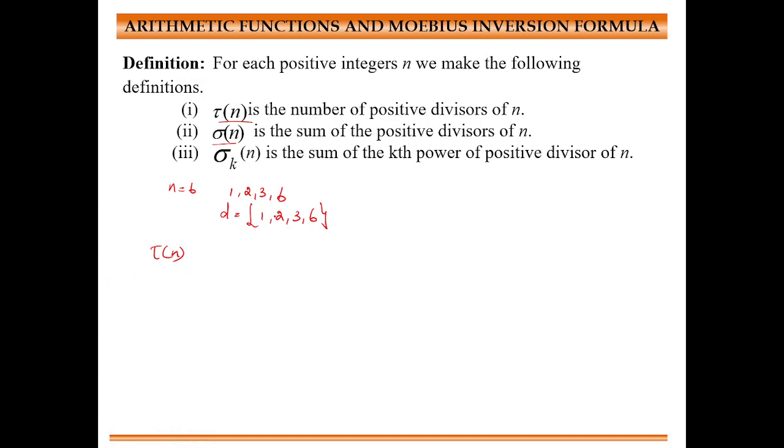Therefore, there are 4 positive integers in the set D. Therefore, tau of 6 is equal to 4. Sigma n is nothing but the sum of the positive divisors of n. So we have to add these divisors, that is 1 plus 2 plus 3 plus 6, which is 12.